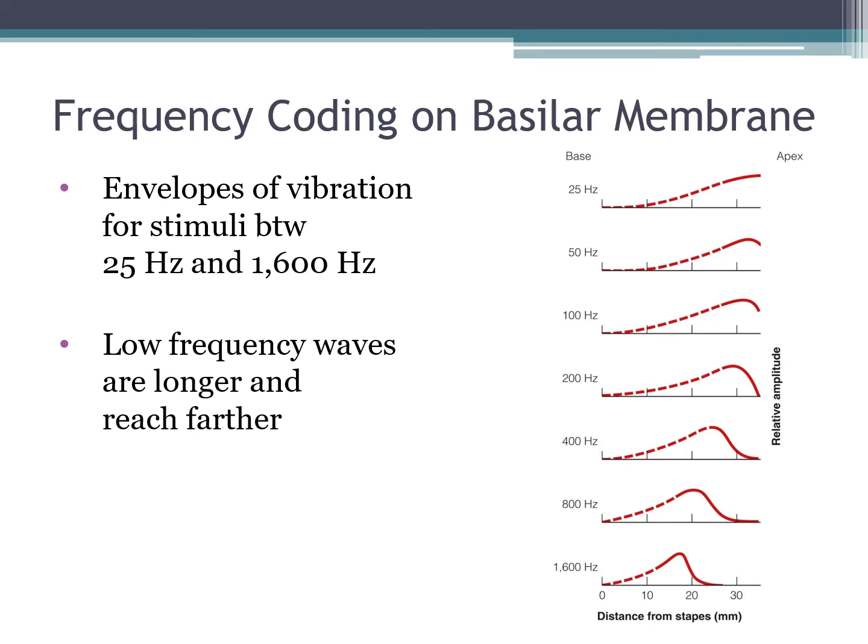It's not reaching as far. And again, remember, we can hear up to 20,000 hertz. So at those frequencies, there's really not much displacement along the basilar membrane at all, just right there at the base.